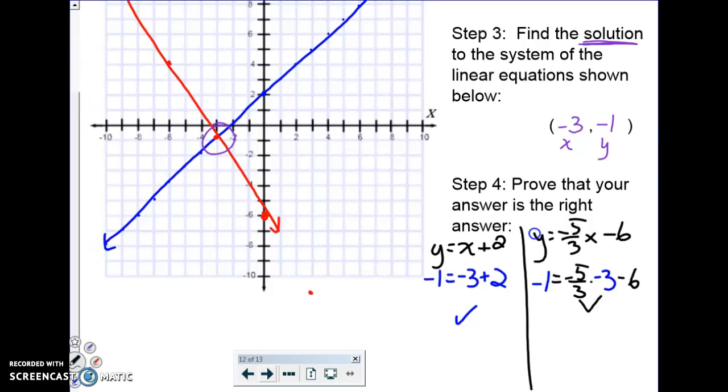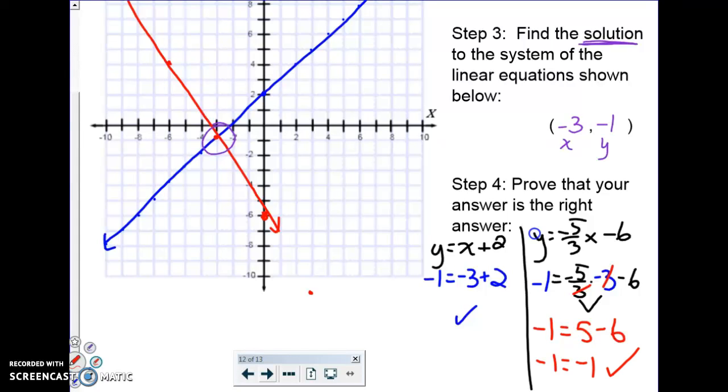Or you may notice that because there's a 3 on top and a 3 on the bottom, they cancel. And you're left with +5. The 3's cancel. So 5 minus 6, so 6 is bigger, so it's going to be a negative number. And 5 minus 6 is -1.